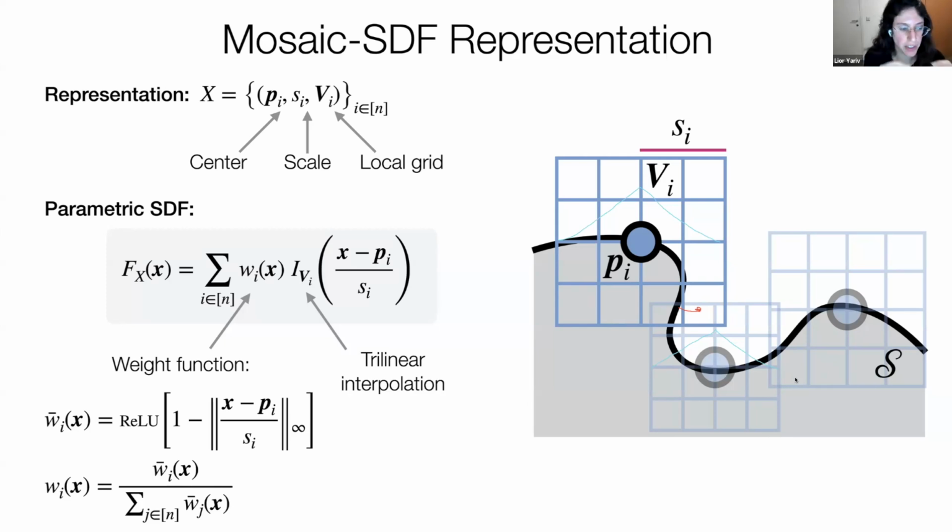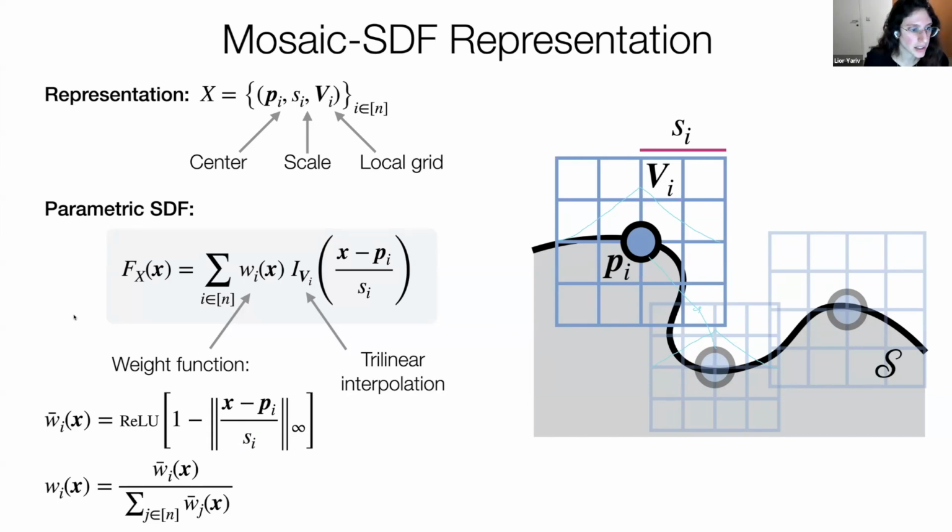Even if this point has the same Euclidean distance, the distance is measured according to the scale. But I would say the choice of this weighting function won't really affect much, and maybe it will be clearer in the next slide, where I will explain a bit more why.